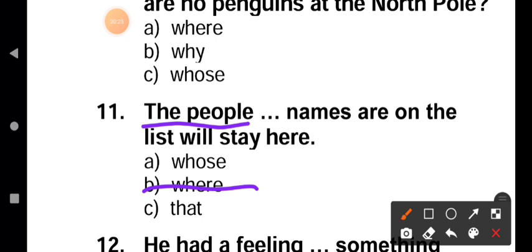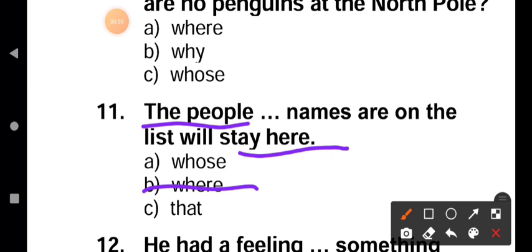And the next option, the people whose names are on that list will stay here only. Other people, other persons, they leave the place. You are permitted to go out.